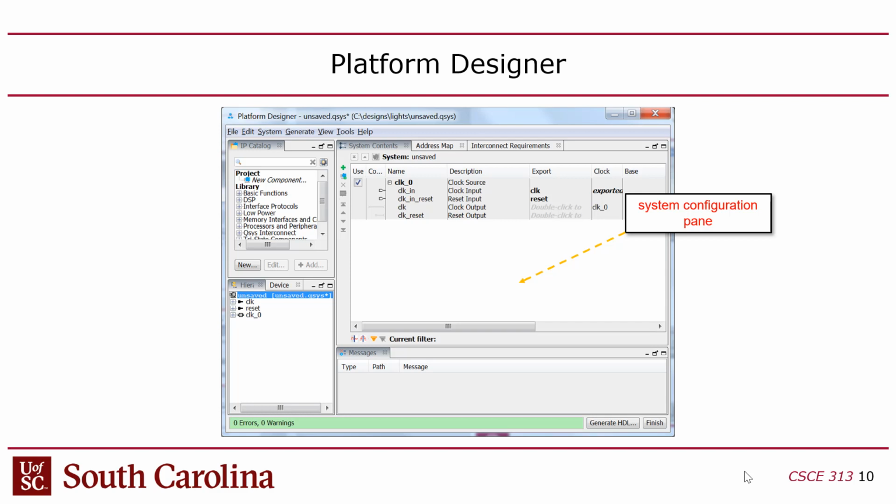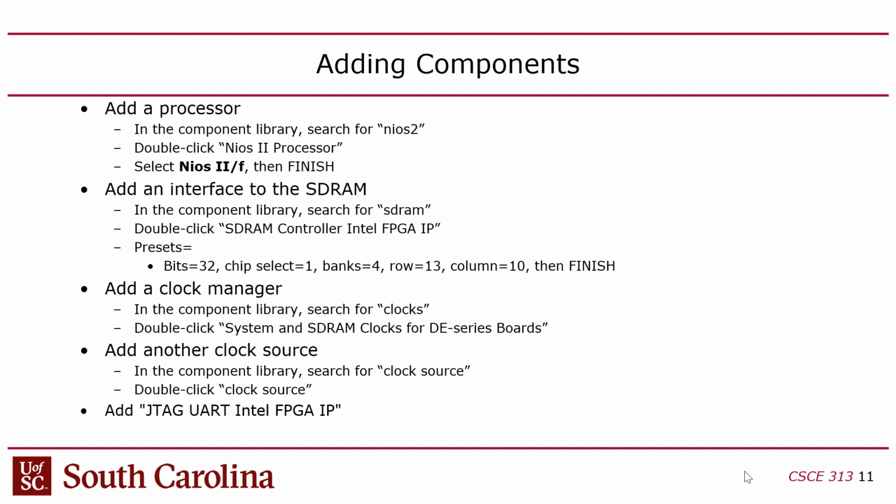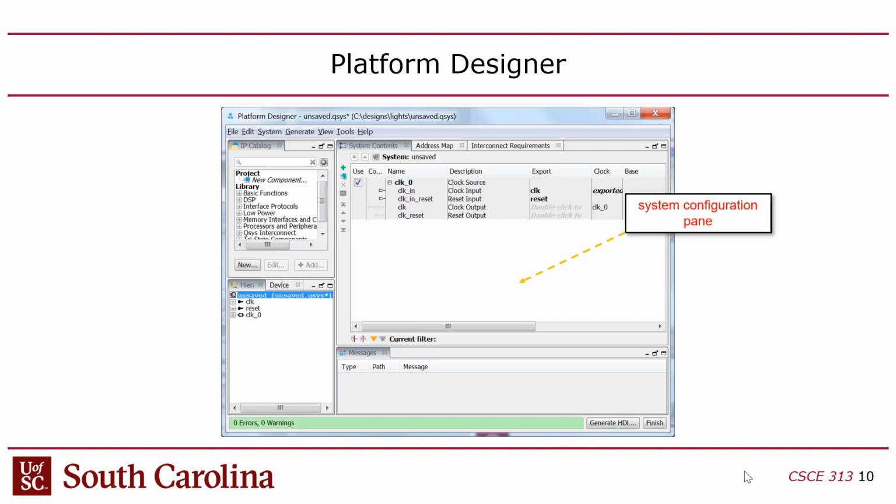Now you only did this once or twice in 313, so you might take some time to refresh your memory on this. This is kind of an arduous process because you have to go in and build up a base system design, and it takes some time because there's a lot of things you have to put in and then connect. But then once you have them all in there, you just keep writing software for them, or in the case of this class, we're going to put some hardware in there too.